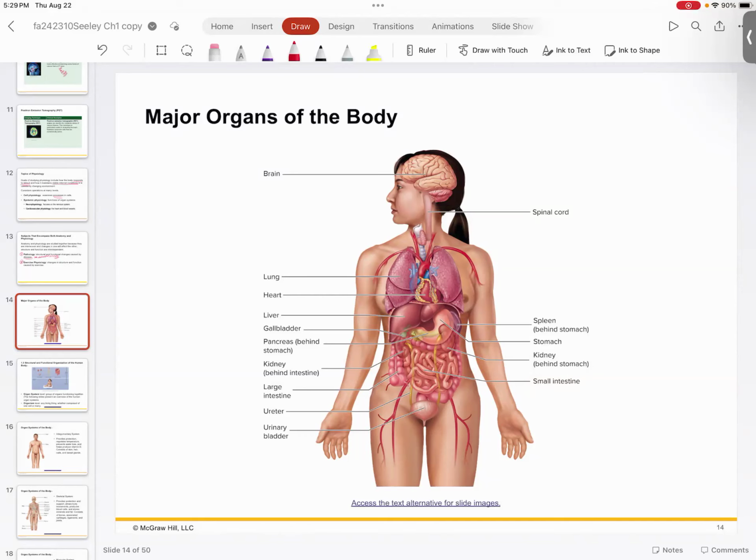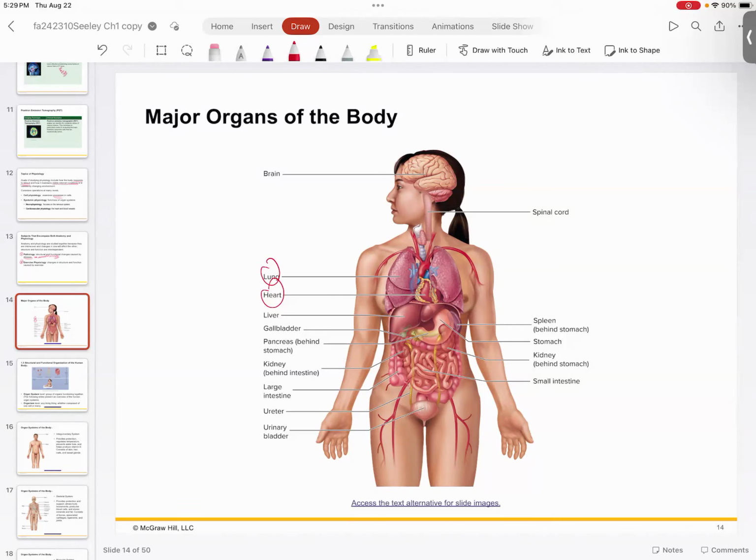Okay. So some of the major organs of the body, of course, the brain and spinal cord, that's the nervous system. Your lungs are part of the respiratory system. Your heart is probably the quintessential organ of the body, because the heart defines whether we're alive or not, right? We determine whether somebody is alive by whether or not they have a heartbeat.